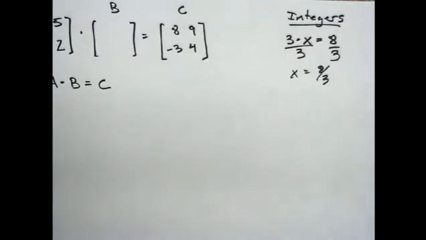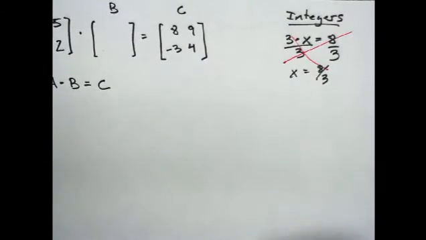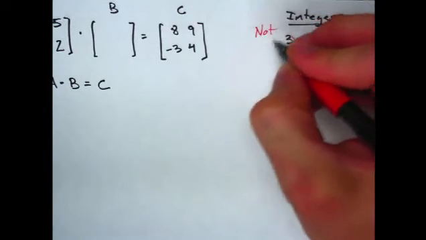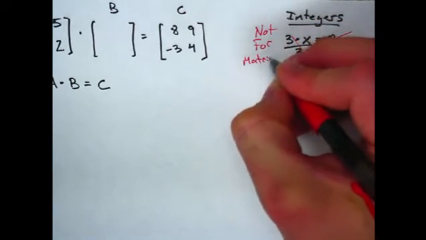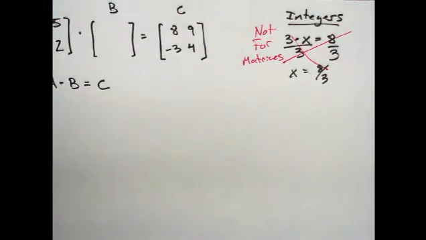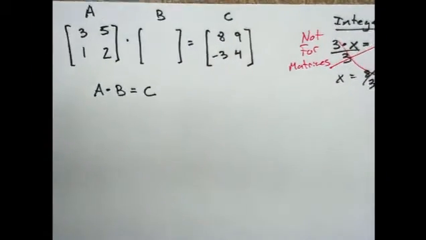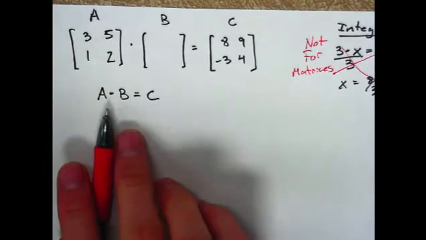Unfortunately, for matrices, there is no such thing as division, so you can't use that same thought process. You have to find some other way to undo matrix A.